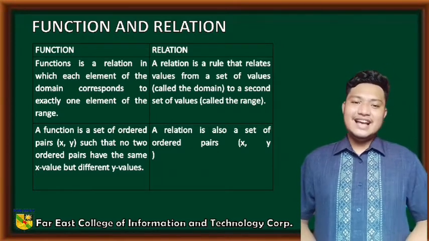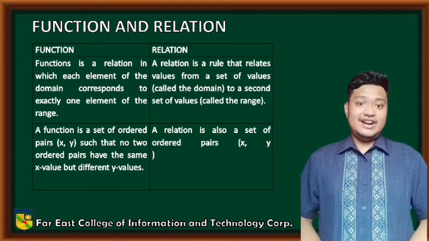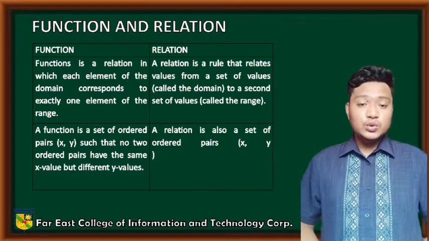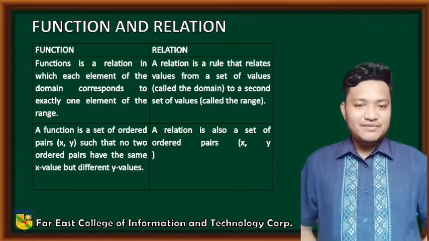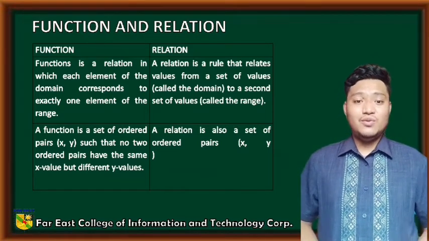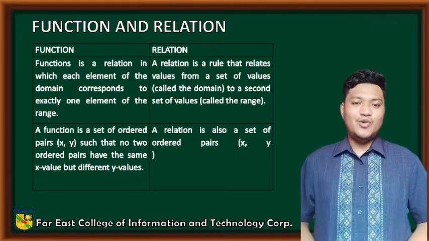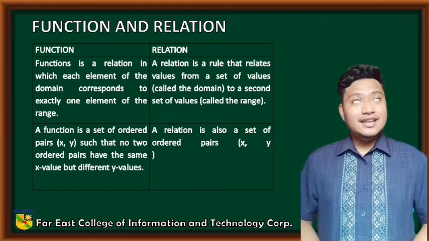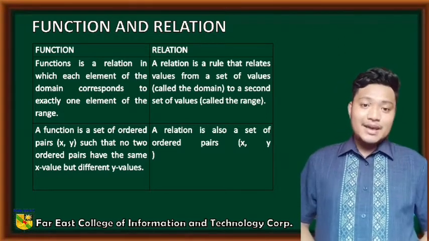So another definition for function: it is a set of ordered pairs x and y such that no two ordered pairs have the same x value but different y value. So in this function, there are more sets of ordered pairs that don't have the same element as each other.